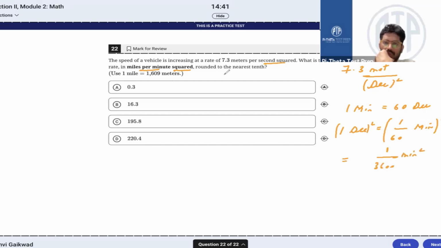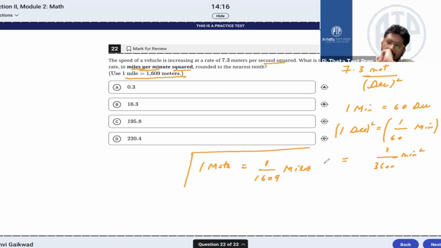Okay, and in terms of meter, now they're telling you miles. Now 1 mile is 1609 meters, means 1 meter will be how much? 1 meter will be 1 upon 1609 miles, right? So we have to put in the terms of miles here. You have to understand this thing, right? They have given you meters basically. So we have to input in the terms of miles here.